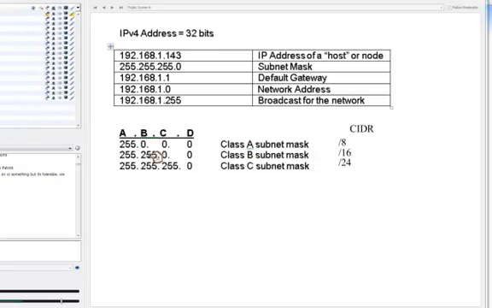So what's 8 plus 8? Well, that's 16. So in CIDR notation, you'll just see /16. Class C uses three octets. So 8 plus 8 plus 8 is 24, so it's also known as /24.